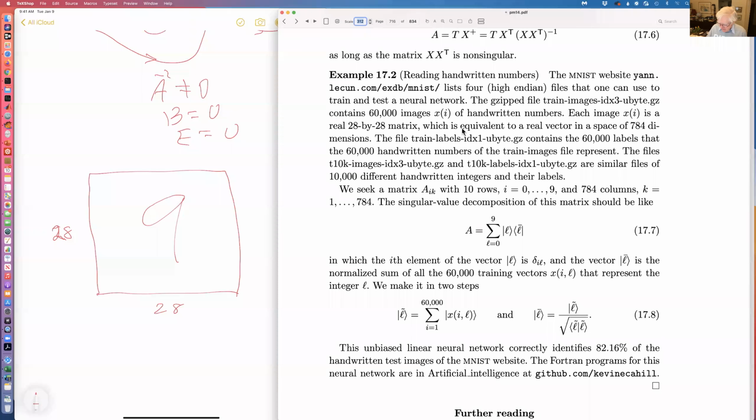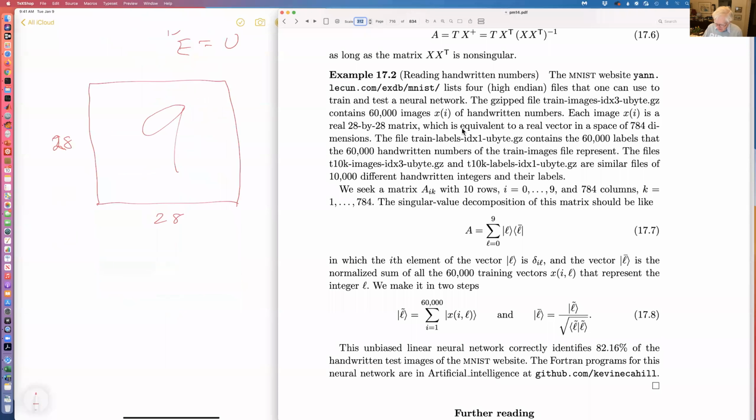Anyway, each one can be thought of as a vector in a space of 28 squared, or 784 dimensions.